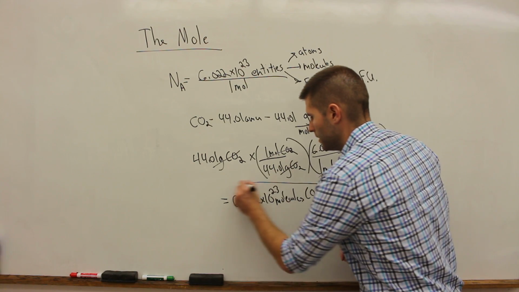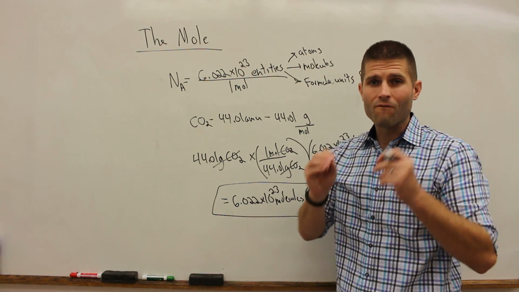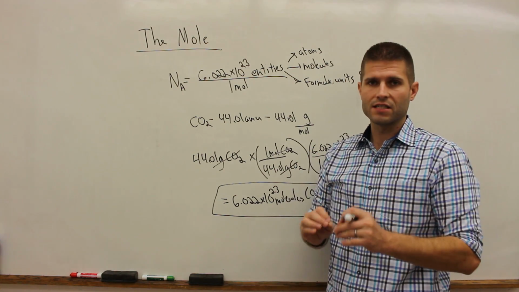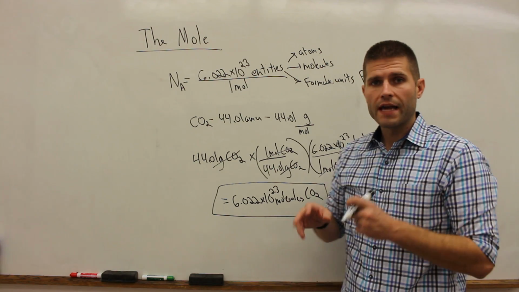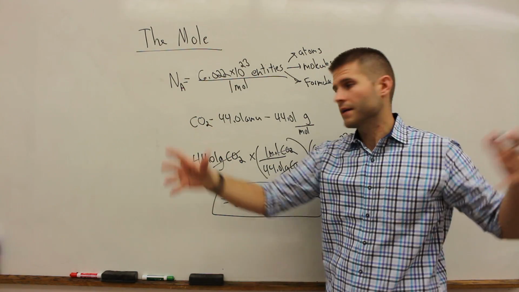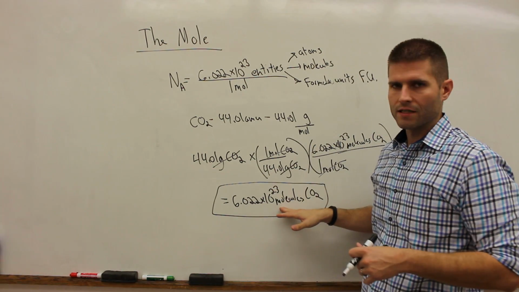This shows that the molecules and atoms and formula units are all very, very small. So we have a huge number here because we're converting something macroscopic, 44.01 grams, into something really, really small, molecules.